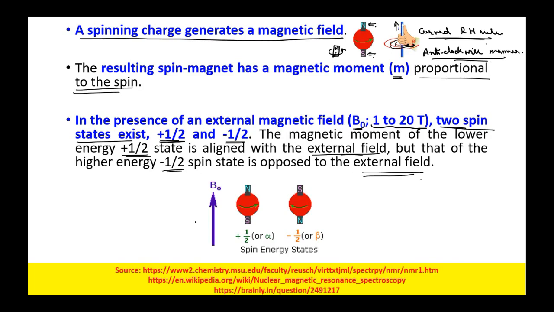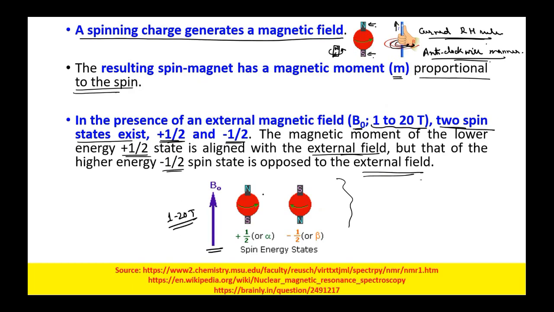So what it is saying is, say we have a number of protons within our sample, and we have applied a strong magnetic field B0, having a strength of 1 to 20 Tesla.